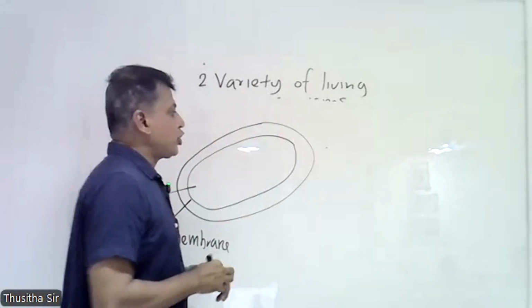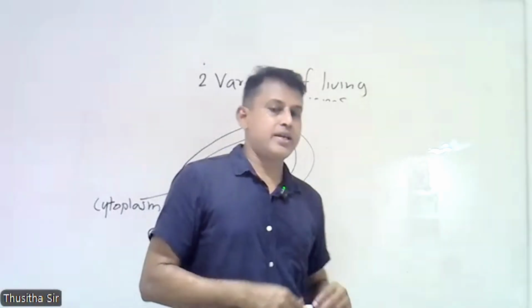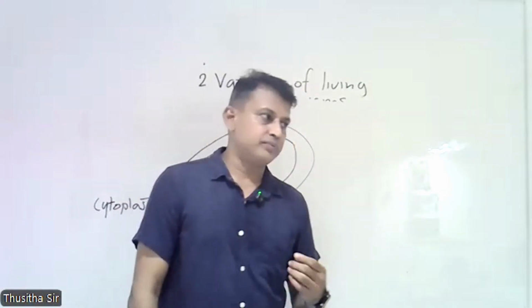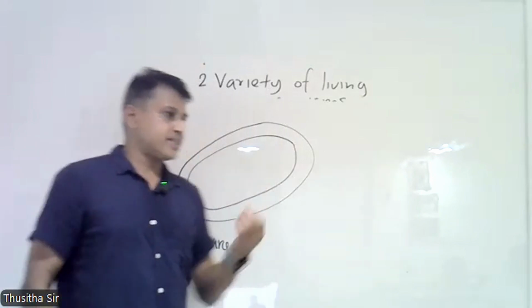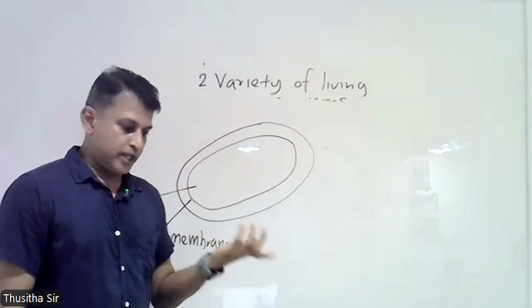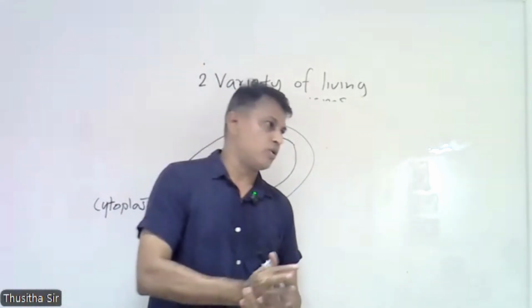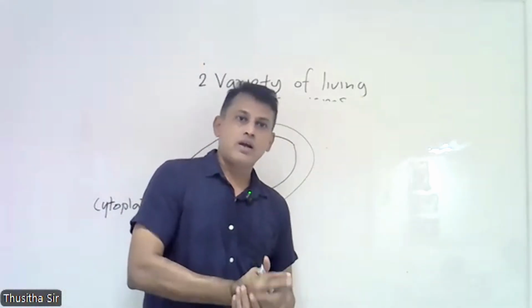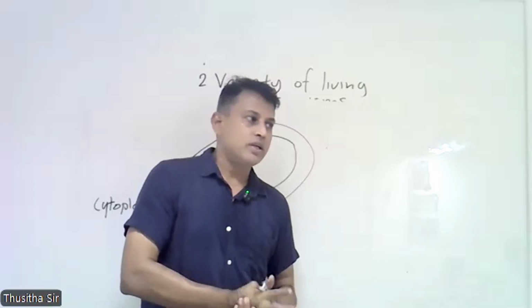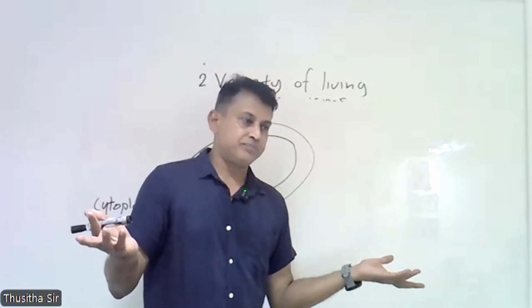And you know, all cells have a very important molecule. When it comes to molecules, there are so many. Oxygen is a molecule, water is a molecule, carbon dioxide is a molecule.